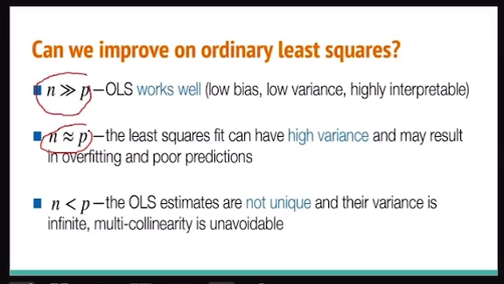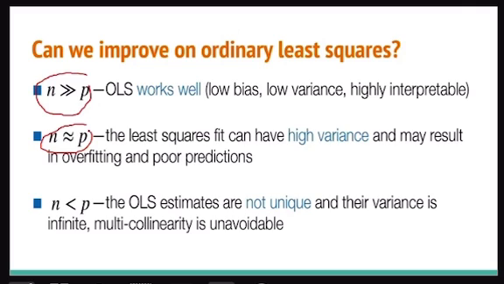A good percentage of data has to be committed to training, maybe 70 to 30 or 80 to 20. You want to learn your model from the training data, and if you want to test the model performance, you use the test data. Does that make sense?